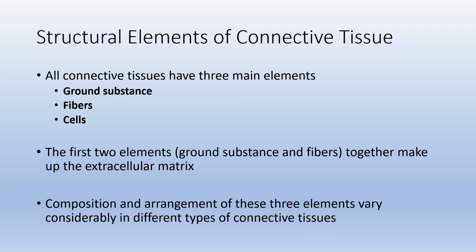It's the stuff around the cells. And we will look at these three main elements when we talk about each class of connective tissue because they're all slightly different. Their composition as well as their arrangement will differ considerably as you look at the four main classes.